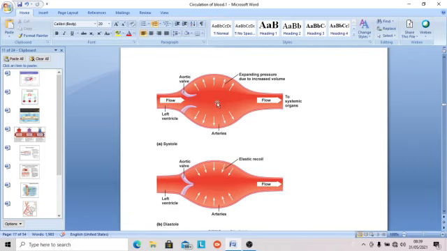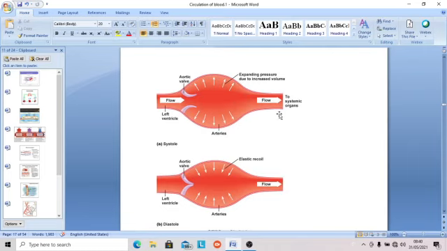This is the left ventricle. This is the aortic wall. When this is normal and there is powerful contraction over here, blood will go to the aorta. And it will expand because a lot of pressure has come from the left ventricle, over 120 you can say, and then it has expanded.